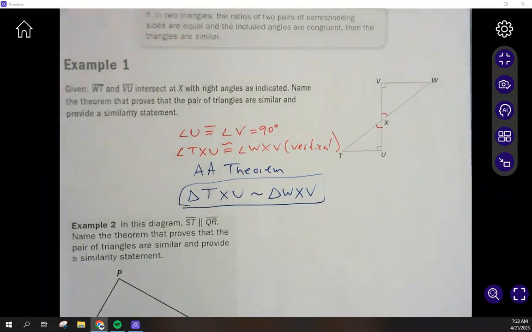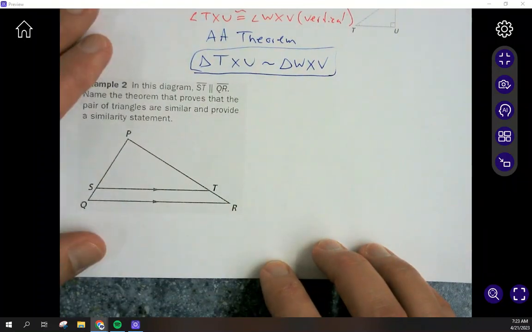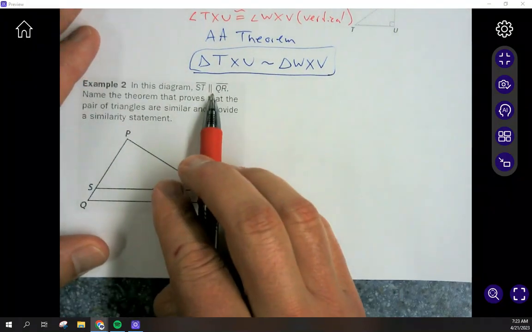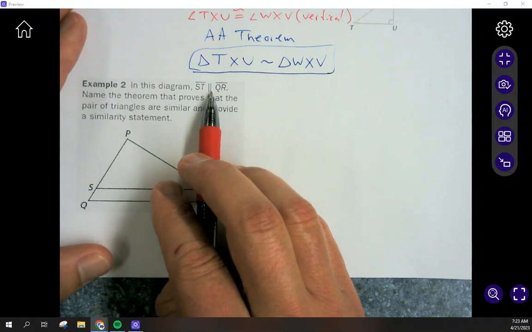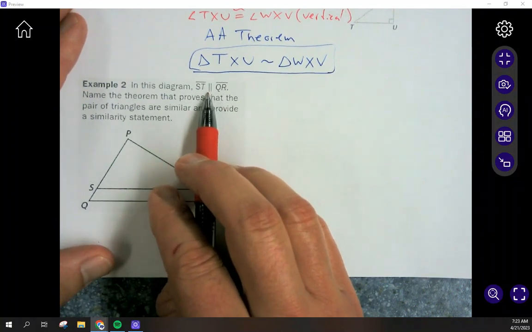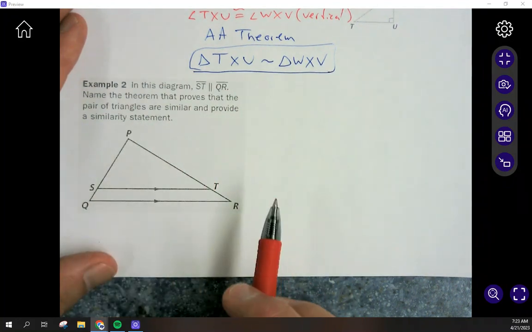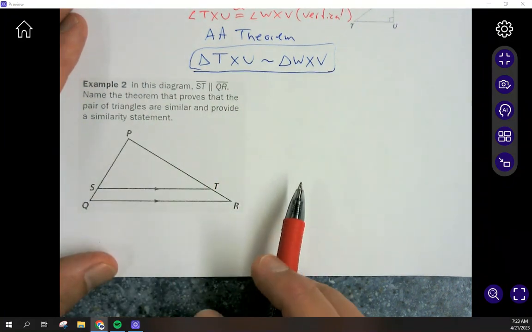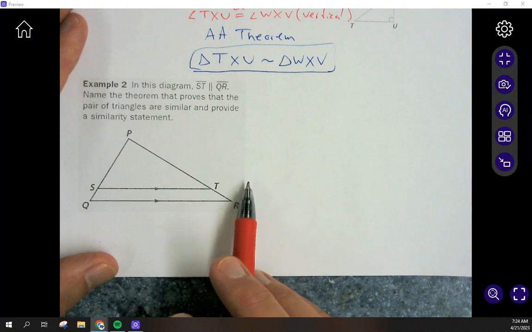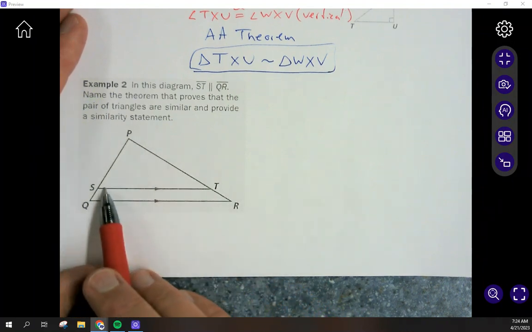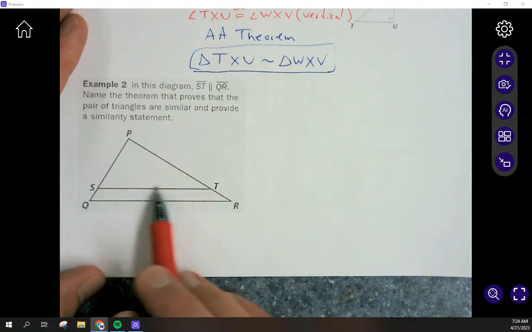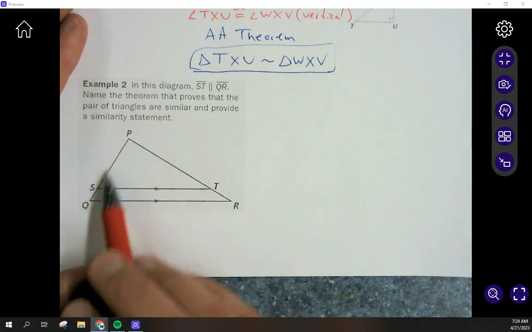Okay, example number two, very similar. I have parallel lines. So think back to when we were doing proofs a lot. What we know from parallel lines, we have alternate interiors, we have corresponding angles. Name the theorem that proves that two triangles in this picture are similar and then provide a similarity statement. So the triangles we're looking at here are this smaller one, PST, and this bigger one, PQR.